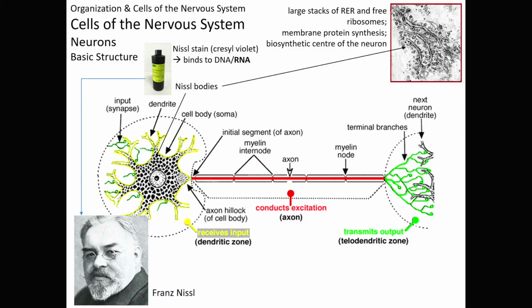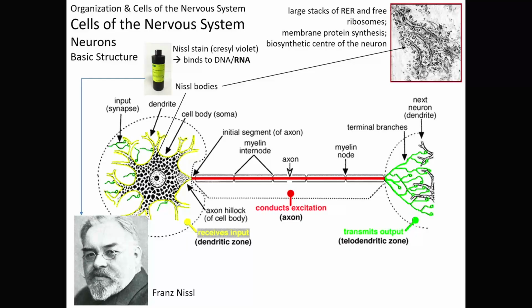We're going to learn next week when we tackle electrophysiology that there are a ton of membrane proteins that are critical to the functioning of neurons. Ion channels and neurotransmitter receptors and all these things. So they all have their origin in these Nissl bodies, these rough endoplasmic reticulum here in the cell body.